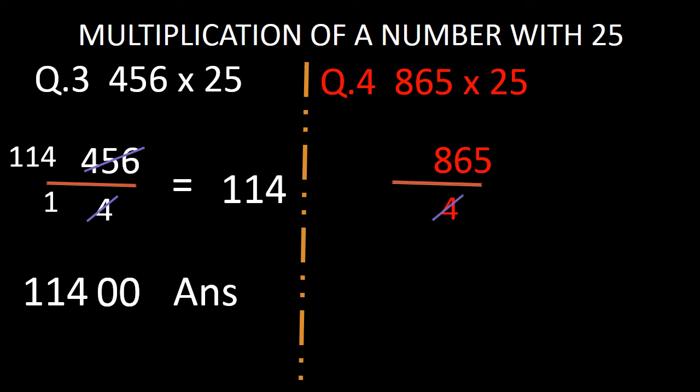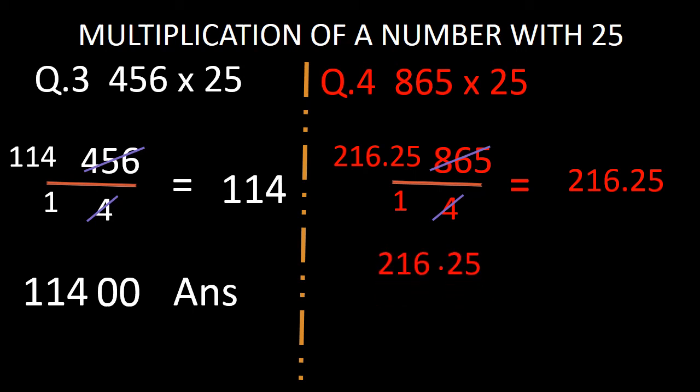While dividing this, we will get not a whole number, but we will get a fractional number, and that fractional number is 216.25, and this is our quotient. Now what will we do? According to rule number 3, we will reduce this decimal point by 2 degrees and bring this decimal 2 degrees rightwards.